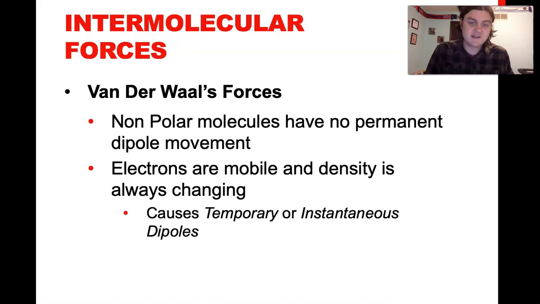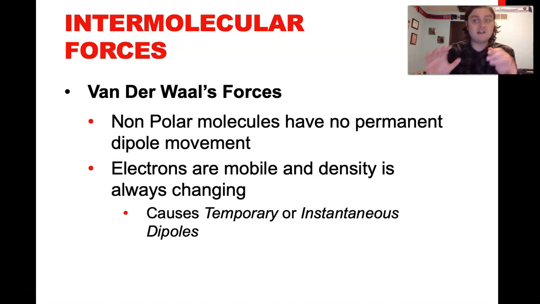Because of this, there will be what's called a temporary or instantaneous dipole. So the idea here is, since electrons are constantly moving about within a molecule or an atom, at various times, there will be a majority of the electrons in one area in this molecule, just because of random chance, just because of how they're distributed while moving around.